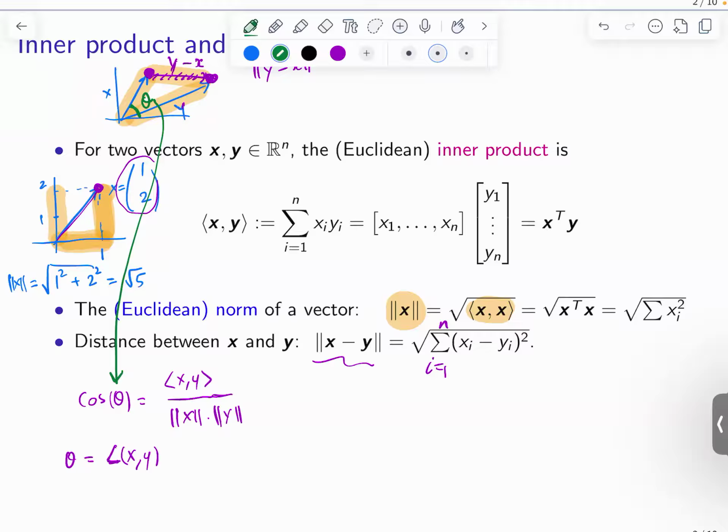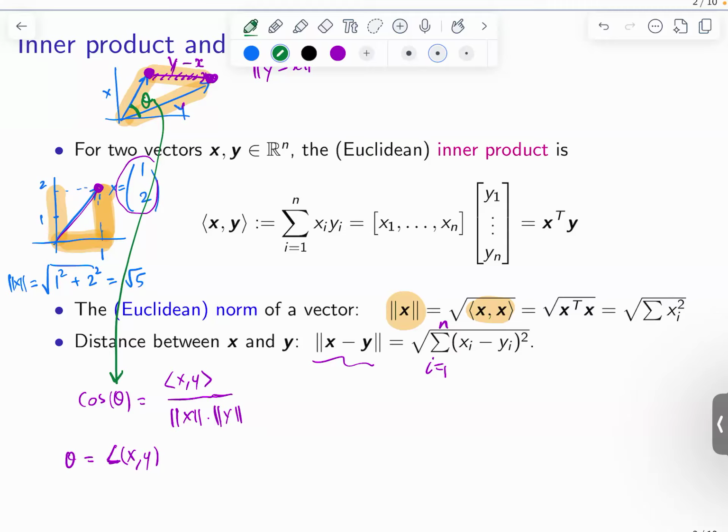So if you have a notion of an angle, then you have a notion of orthogonality. So you can say two vectors are orthogonal. When do we say two things are orthogonal? Are these two vectors on top, x and y, orthogonal?